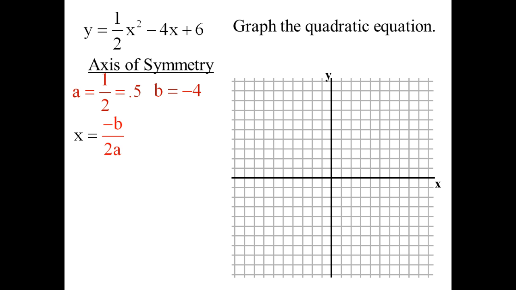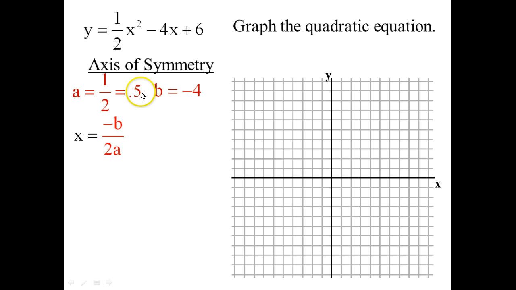Opposite of b plus or minus the square root of b squared minus 4ac all over 2a. Yeah, it's this right here. It's that part of the quadratic formula. So we'll be using that full formula next week, but for now, we'll be using the first part, the axis of symmetry. It's called that. It's the exact middle of our graph.